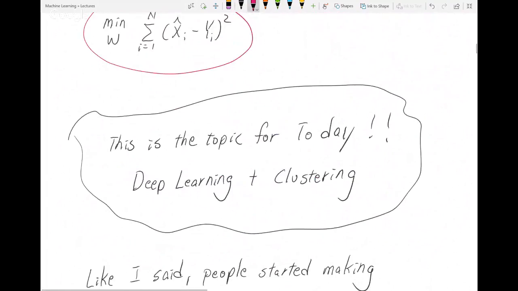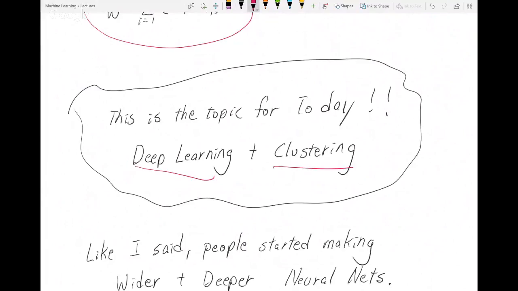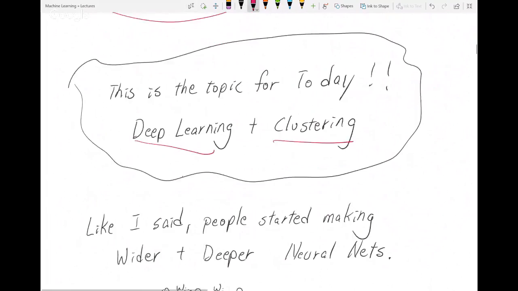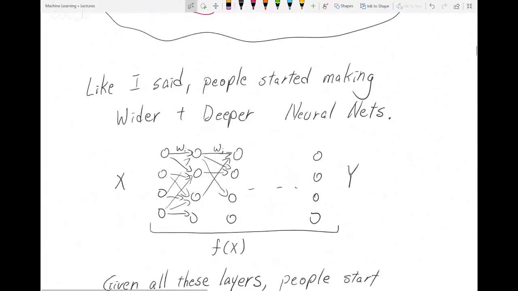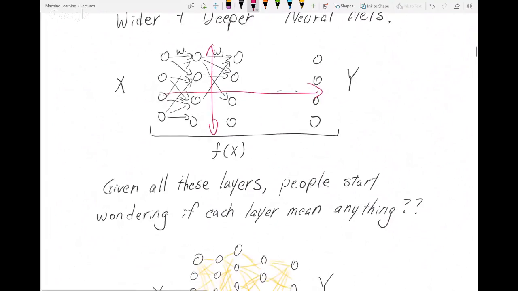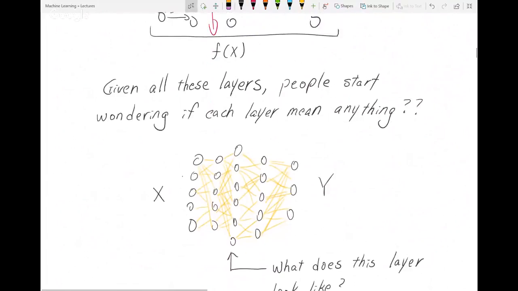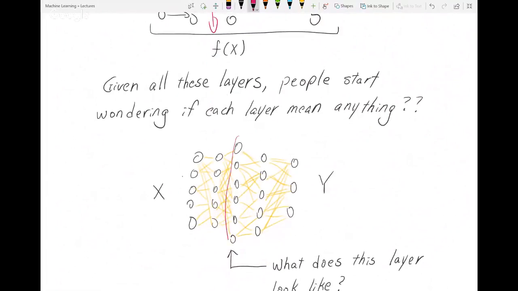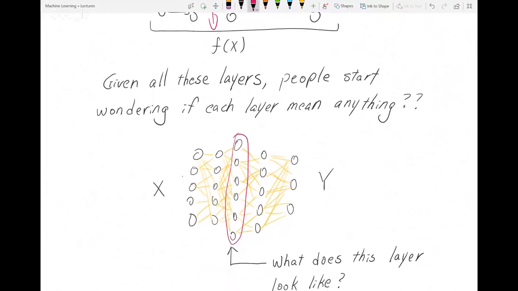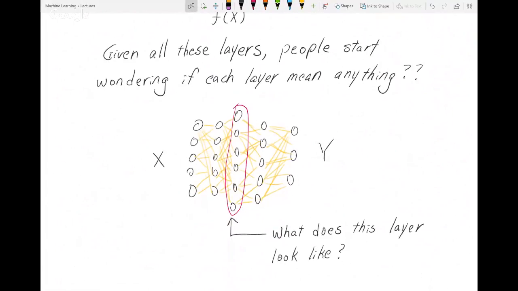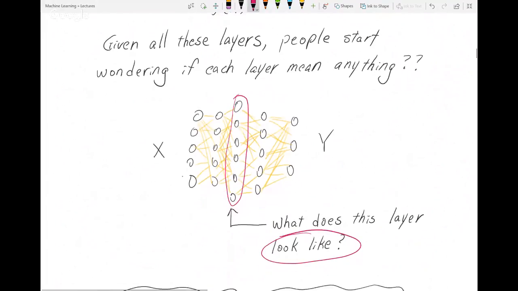So this is the topic of today: deep learning and how we do clustering with deep learning. Like I said, people started making wider and deeper neural networks. And given all these layers, people started wondering if each layer means anything. For example, if we just look at this layer after it's trained, what does it look like? Maybe there's some kind of pattern we can see.